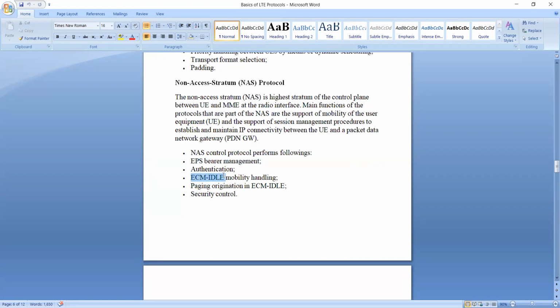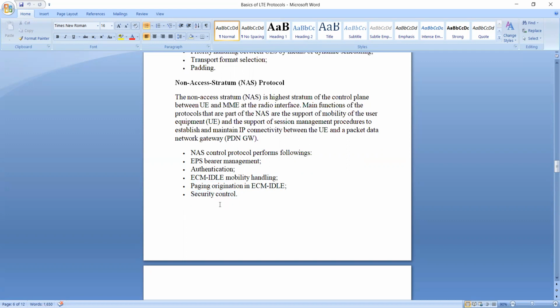What is ECM idle? ECM connected, RRC idle, RRC connected, we will see in detail. So just write here: EPS bearer management, authentication, ECM idle mobility handling, paging origination in ECM idle. Security control also.